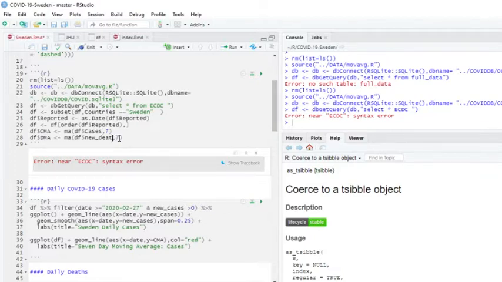Let's do this. Let's change this also to cases. Reported cases.